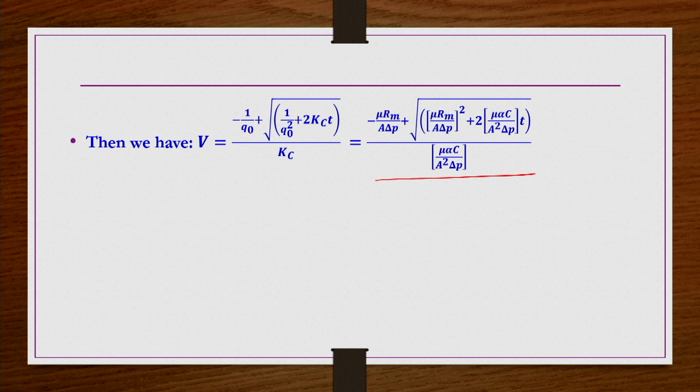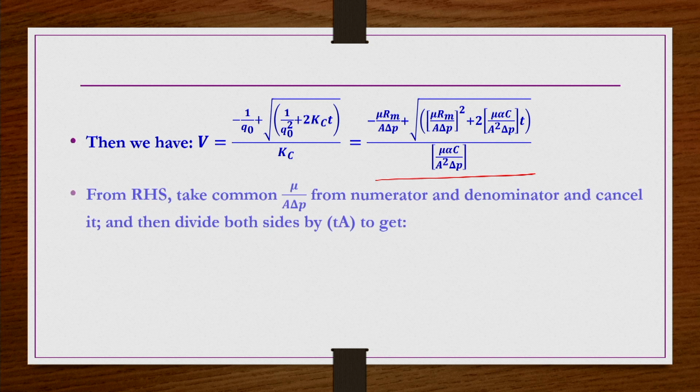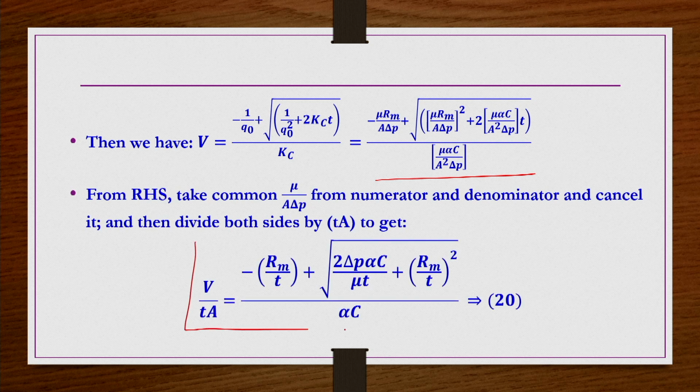From this equation, you take mu by A delta p common from both numerator and denominator of the right hand side and strike out, and after that step you divide both sides of this equation by At. Then you will get this equation: V by At or V by tA is equal to minus Rm by t plus square root of (2 delta P alpha c by mu t plus (Rm by t) whole square) divided by alpha c.